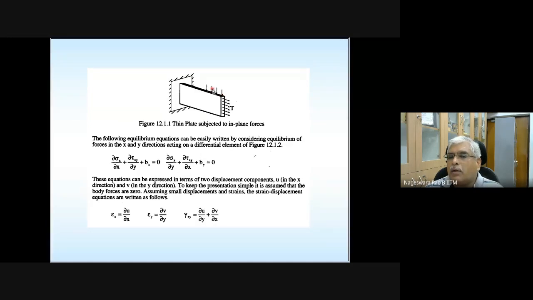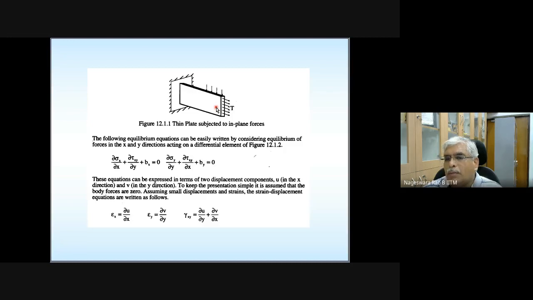So the load is applied in this plane, the plane coming out of where it is fixed. The load is significant in this plane, and thickness is small compared to the other dimensions.